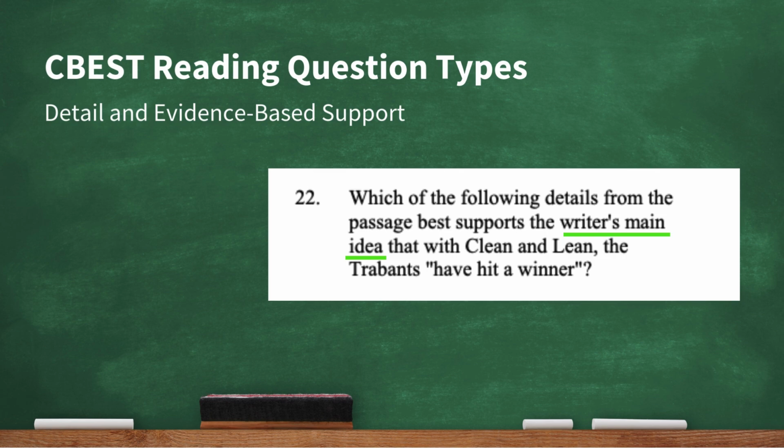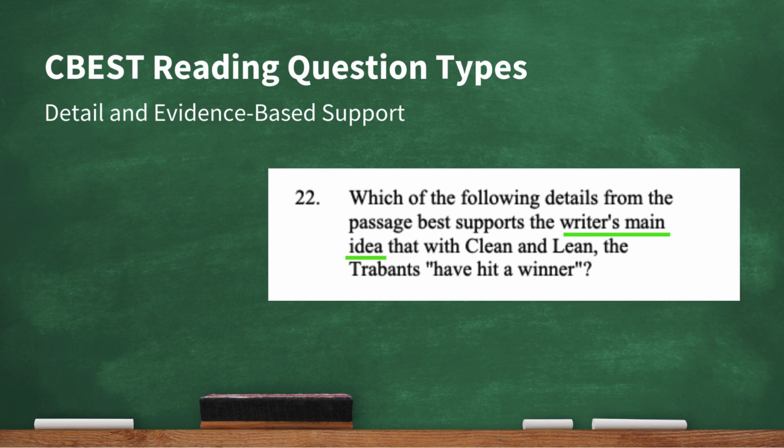Now, notice as well that this question is also a combination question by not only asking us test takers about the writer's main idea, which I've underlined in green, but they are also asking an evidence-based question. If we go back here, underlined in red, which are the following details from the passage, and then underlined in green, best supports the writer's main idea. So just know that these types of questions can be combined in order to make a single question.